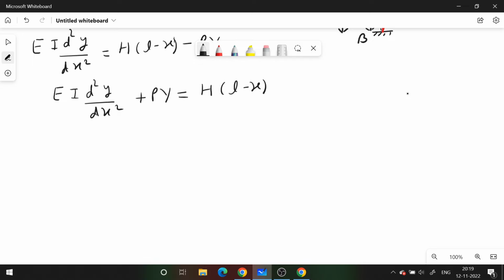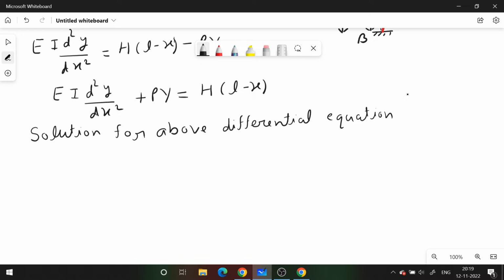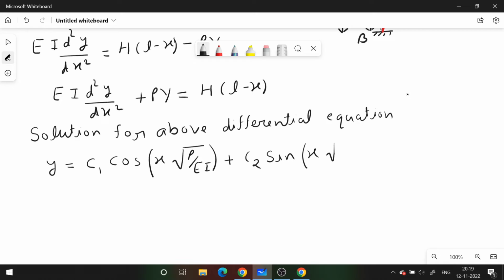The solution to above differential equation will be y is equal to C1 cos x under root P upon EI plus C2 sin x under root P upon EI plus H by P (L minus x).